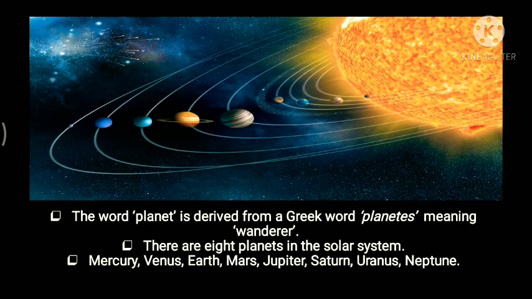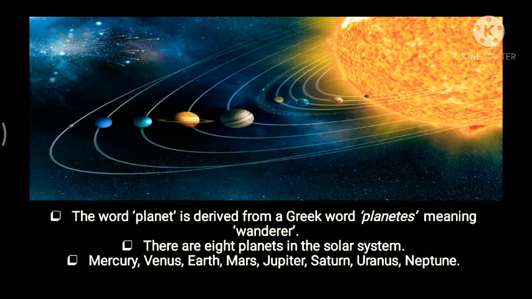On the basis of their distance from the sun, they are as follows: Mercury, Venus, Earth, Mars, Jupiter, Saturn, Uranus, and Neptune. Previously Pluto was considered a planet, but now it is considered a dwarf planet, so it's out of the system.